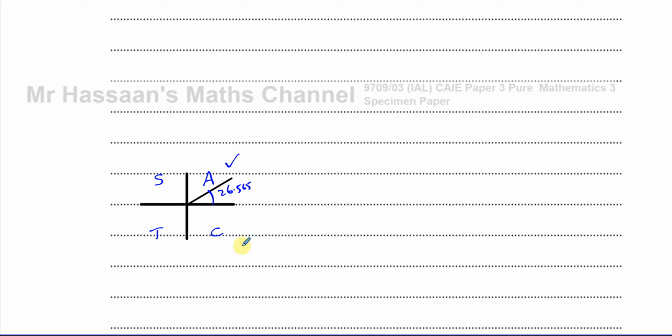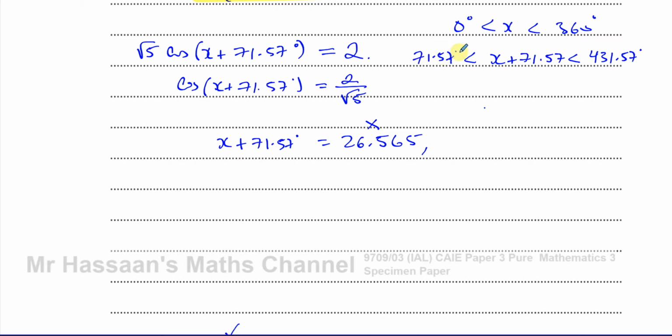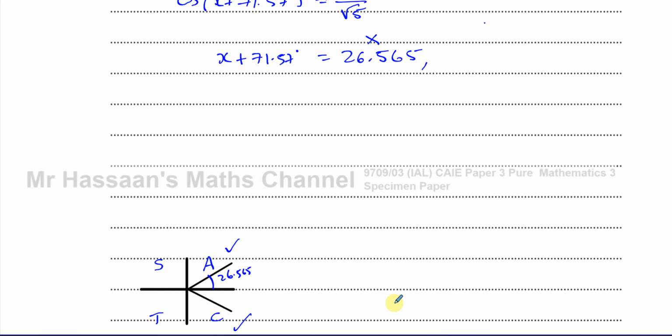So we need to find also the angle here. Now we're not going in the negative direction because we have got to start from 71.57. We have to go in the positive direction. So we've got to find out what angle is over here. That's the other angle, or one of the other angles, in our range.